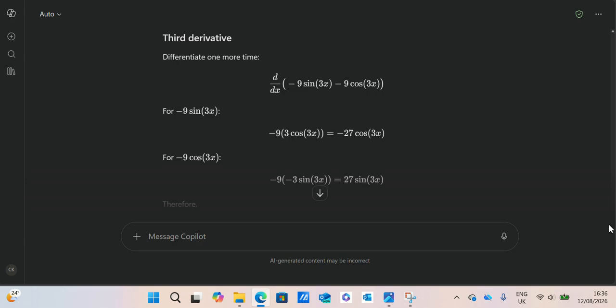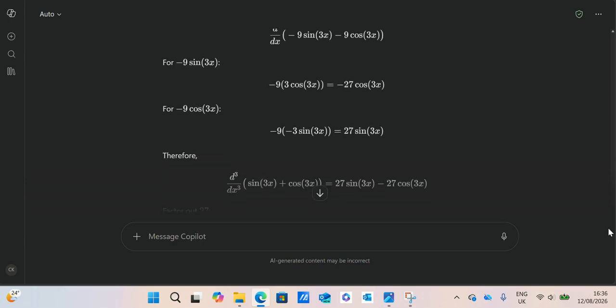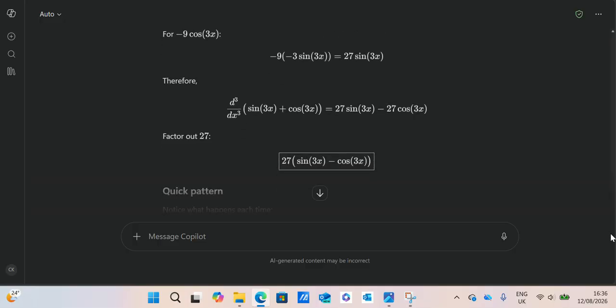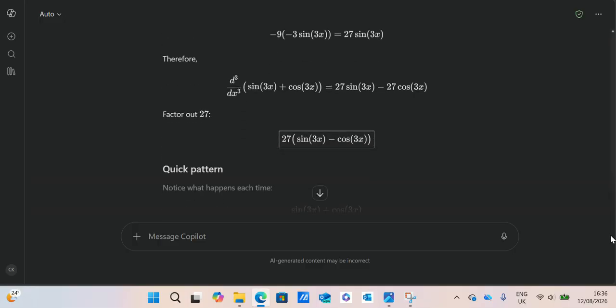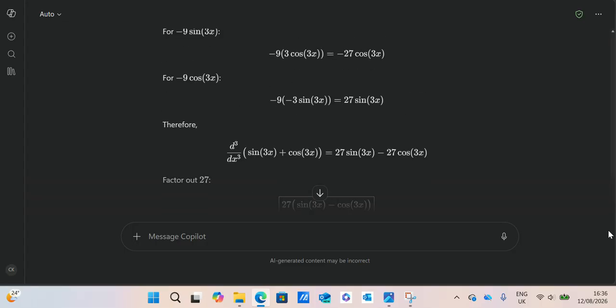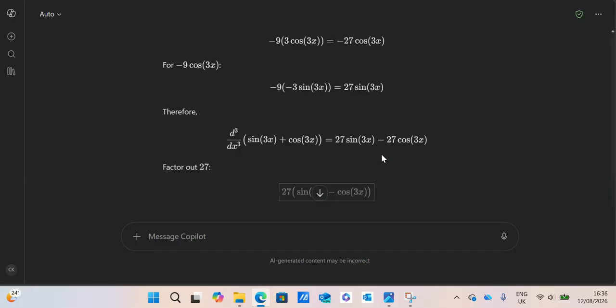For sine, it goes to minus 27 cos 3x. For cos, it goes to 27 sine 3x. Therefore, oh, okay. It gets a little bit more complicated here. Okay. 27 sine 3x. This is what I had.